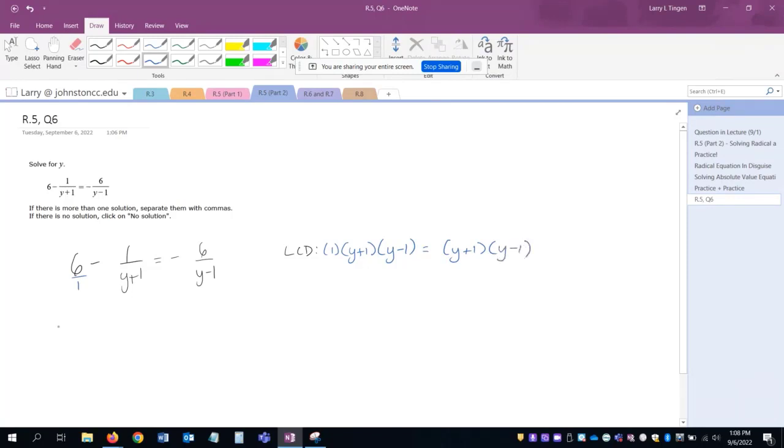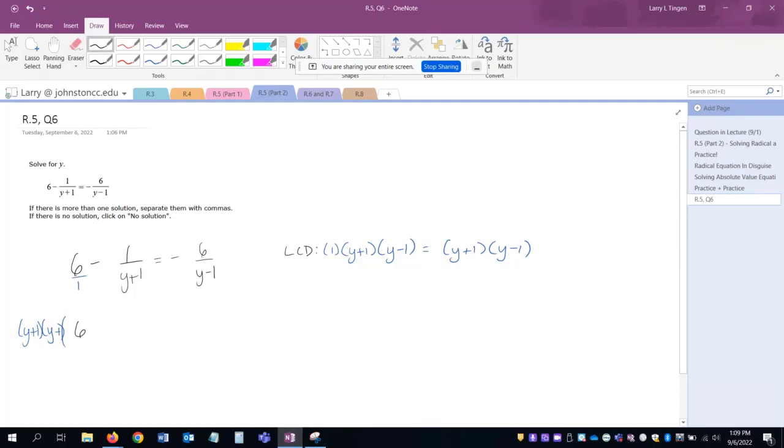So there's my LCD. On the next step, I'm going to multiply both sides by this. I'm not going to multiply this out. I'm going to leave it as y plus 1, y minus 1. And the reason is the whole goal of this is to get rid of fractions. If I multiply this out, then distribute, I'll have created a whole new set of problems. Then I'll have to factor back to where we were.